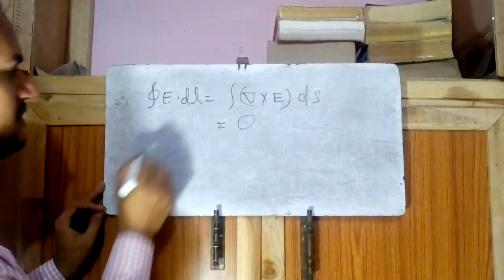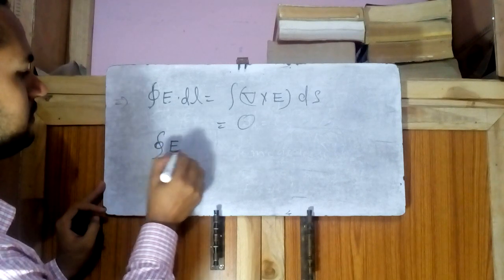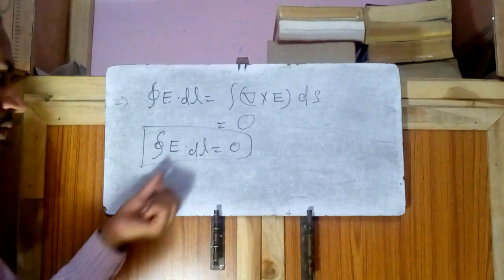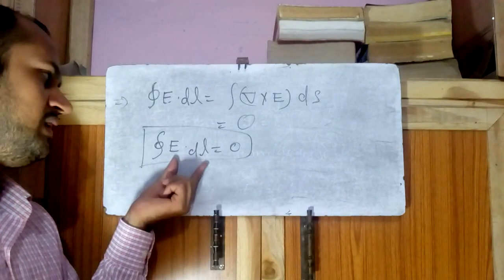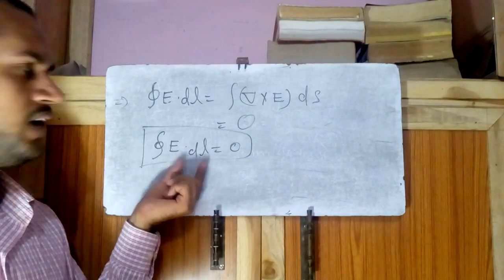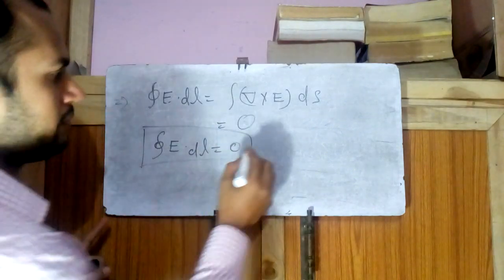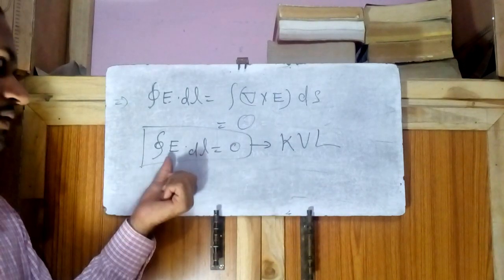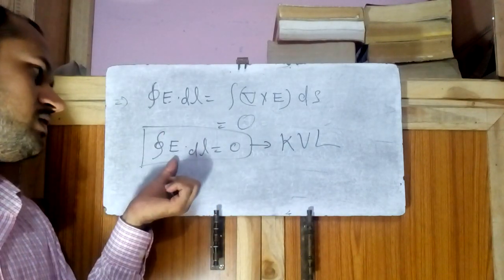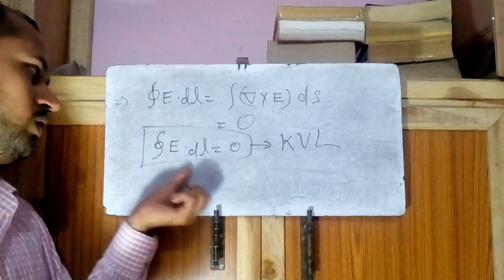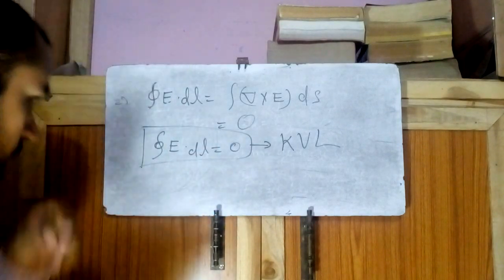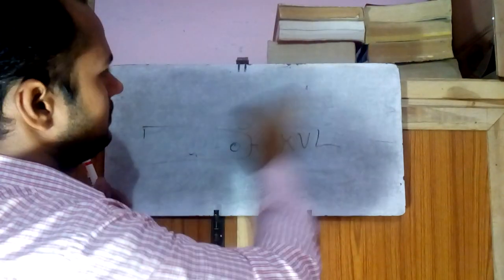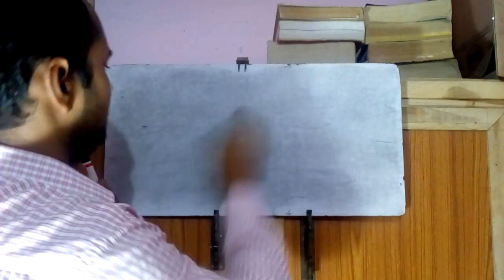So the closed integration is 0. Closed integration of E dot dl equal to 0 means the sum of all the voltages in a loop, in a closed path, is 0. It is a statement of Kirchhoff voltage law, KVL. KVL also says the sum of all the voltages in a closed path is 0. Like this, we will see the magnetic field.